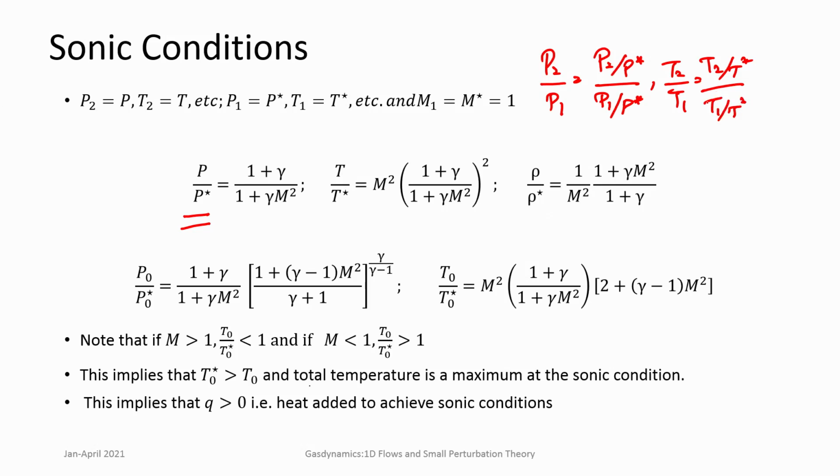So, once this T star evaluation is done, then we can represent any ratios in terms of the sonic conditions. And the advantage here is that we plot all these values in terms of tables, or they are available through calculators.